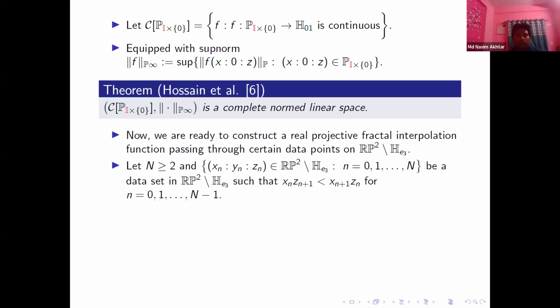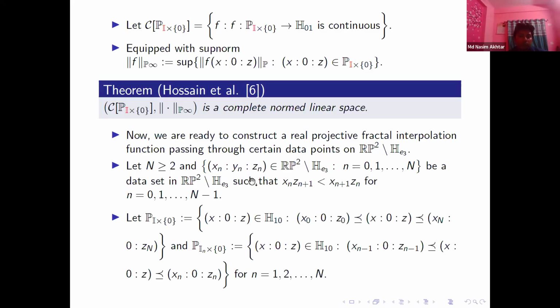For that, we take a set of data points in RP2 minus H3, (xn, yn, zn), such that x_n z_{n+1} is less than x_{n+1} z_n for n equals 0 to N minus 1.